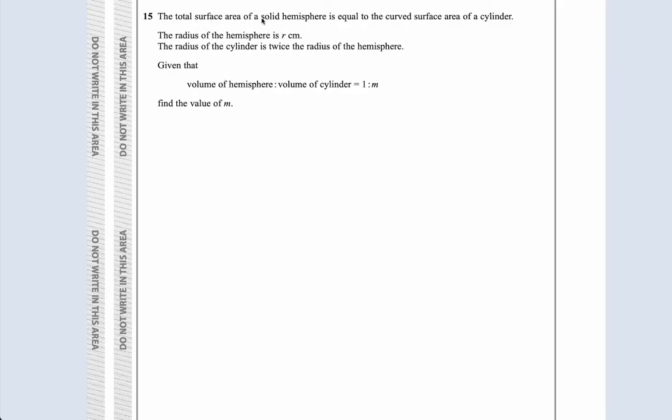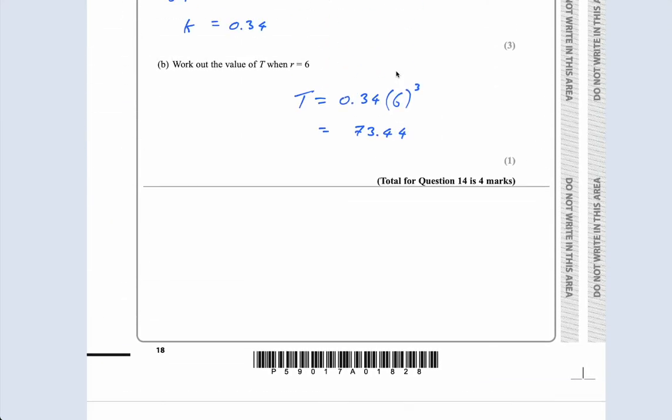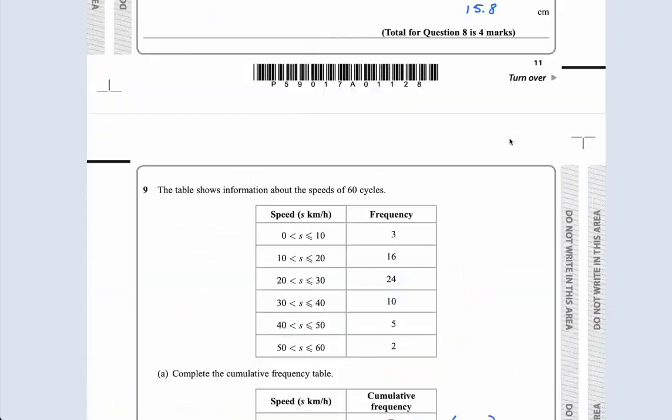So the total surface area of a solid hemisphere. Okay, let's do the hemisphere first. So the surface area is equal to. Now I'm going to scroll up here, guys, to the formula sheet.